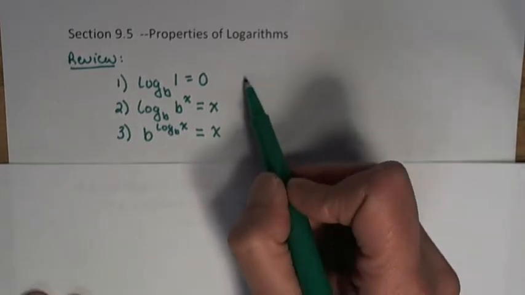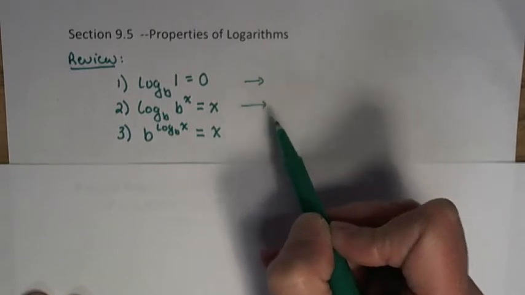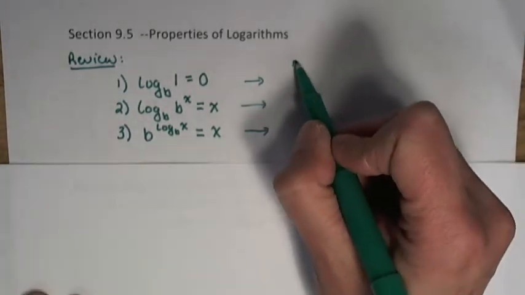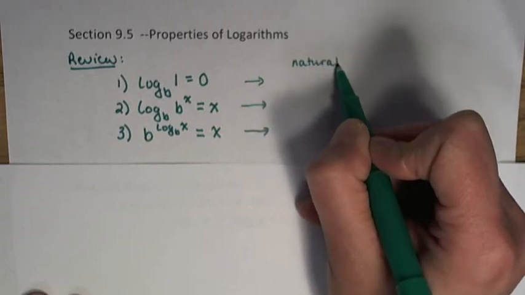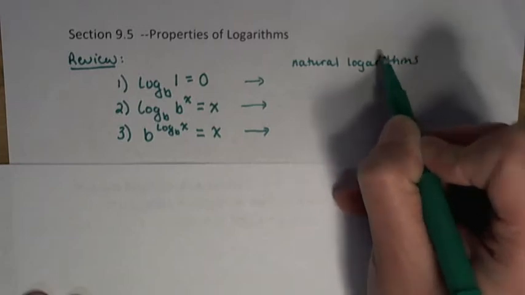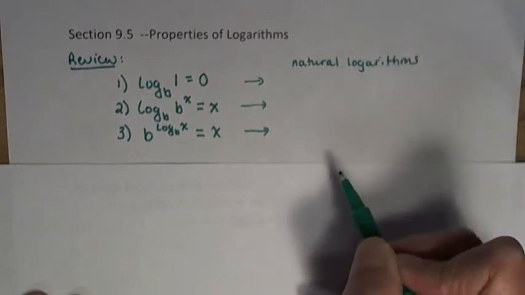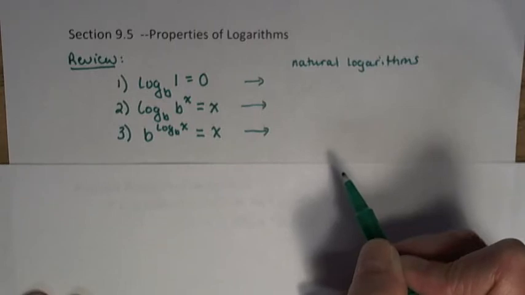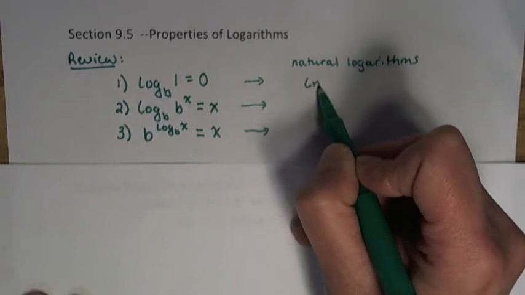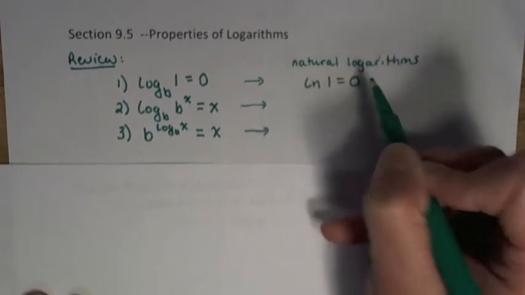Now, in the last section, we looked at these in a slightly different way, in terms of natural logarithms. They really are the exact same properties, but they look different because we use the notation for natural logarithms. So the first one becomes the natural log of 1 equals 0.